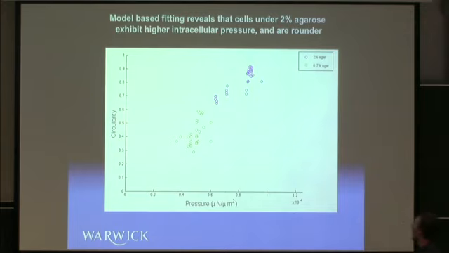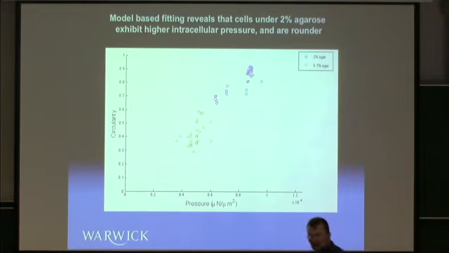Strikingly, you get a very nice result out of that, where for two different agarose concentrations we obtain a clear separation. The model predicts that under 2% agarose, cells are under higher pressure, which is kind of a sanity check. And this corresponds to the roundness of cells.